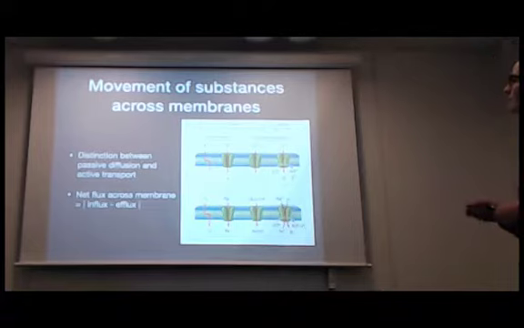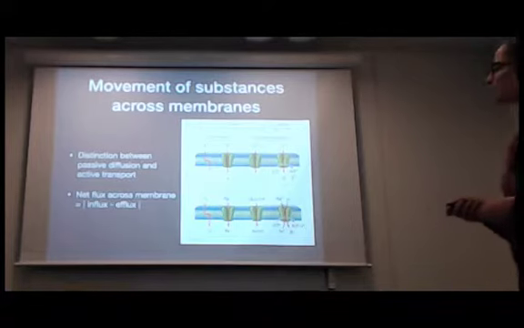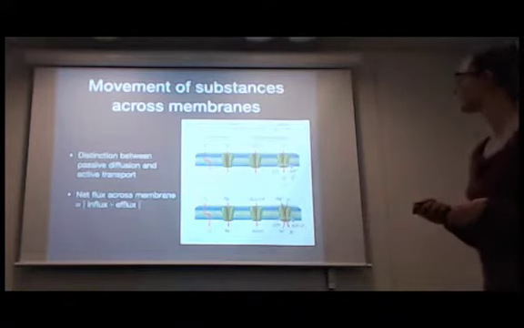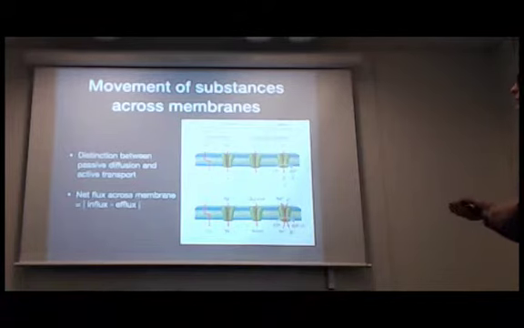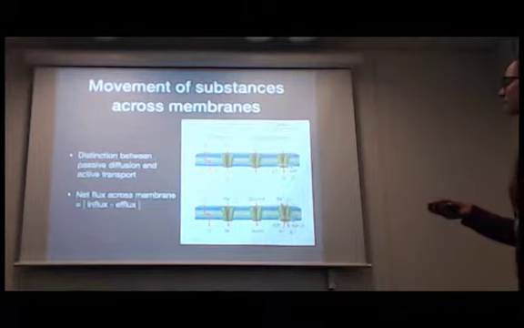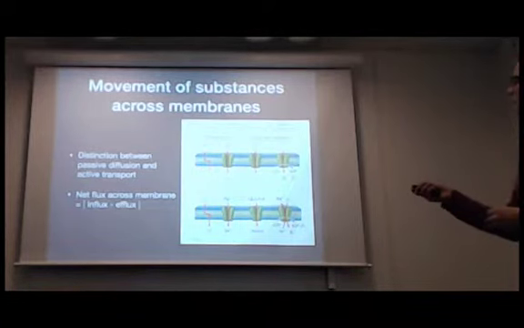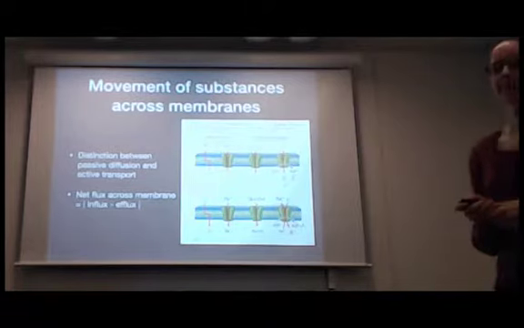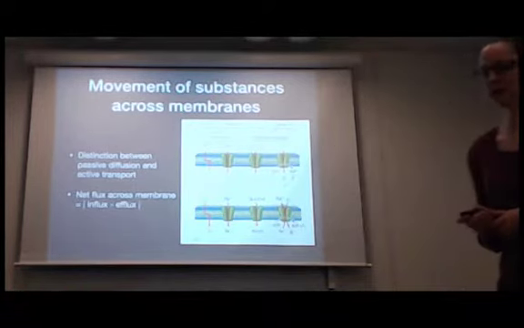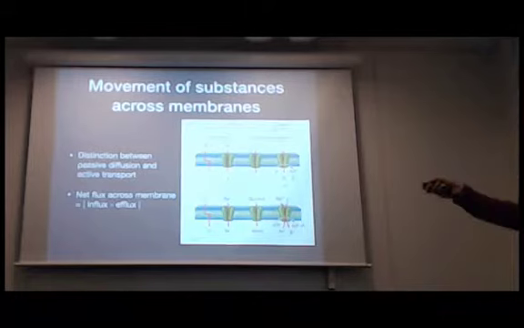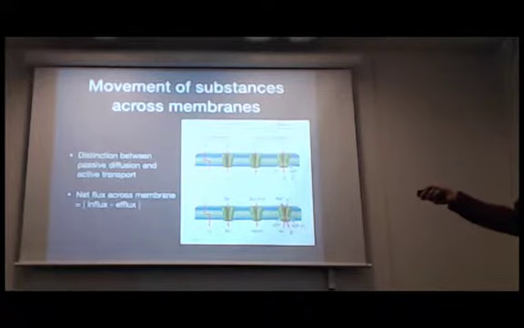There are different types of transport. We can divide transport across membranes into 4 different types. First, there's the distinction between passive transport and active transport, and the difference is whether the solutes are being transported down their electrochemical gradient, which I'll come back to in a minute.